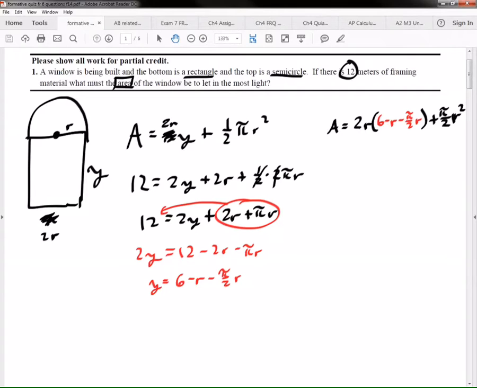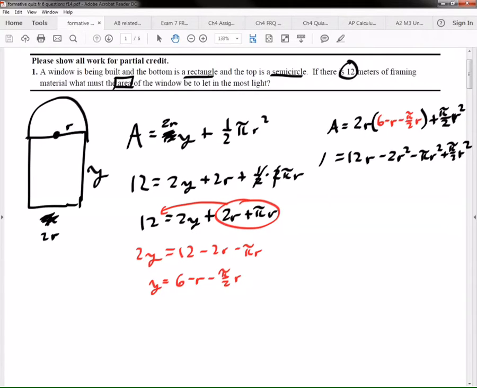Alright. So we want to take the derivative of that. Now, if I'm going to take the derivative, I probably do want to simplify that just a little bit more. So I get 12r minus 2r squared minus pi r squared plus pi over 2r squared.